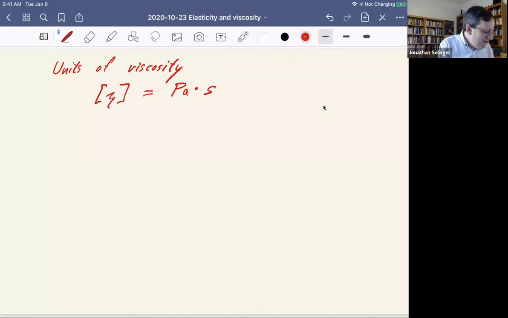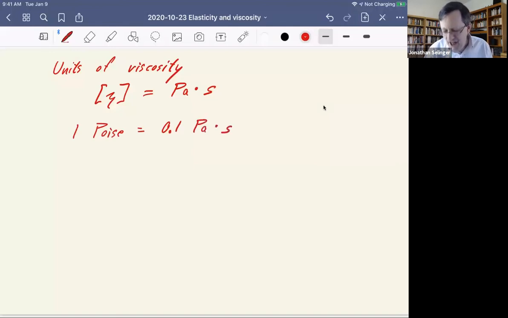There is something related to it which has a nice name, which is called a poise. 1 poise equals 0.1 pascal seconds. So you will often see tables where viscosity is listed in poise.